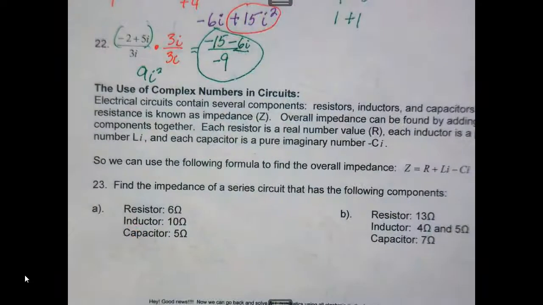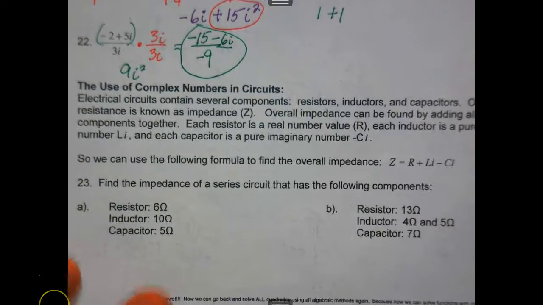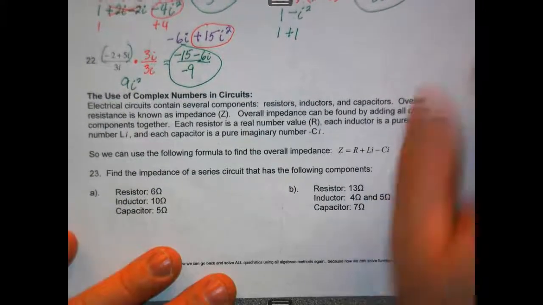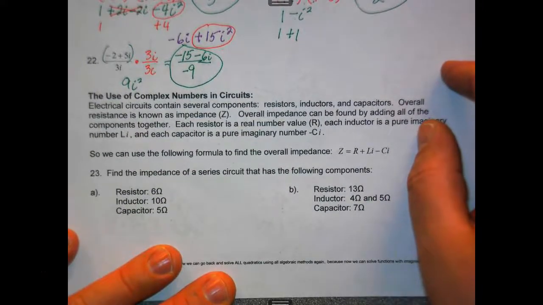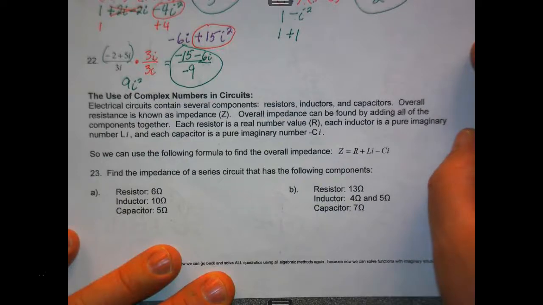Let's do this electricity word problem here. I want you guys to pay close attention. Are you ready? Electrical circuits contain several components: resistors, inductors, and capacitors. Overall resistance is impedance Z. Overall impedance can be found by adding all of the components together. Each resistor is a real number R, each inductor is a pure imaginary number Li, and each capacitor is a pure imaginary number minus Ci.